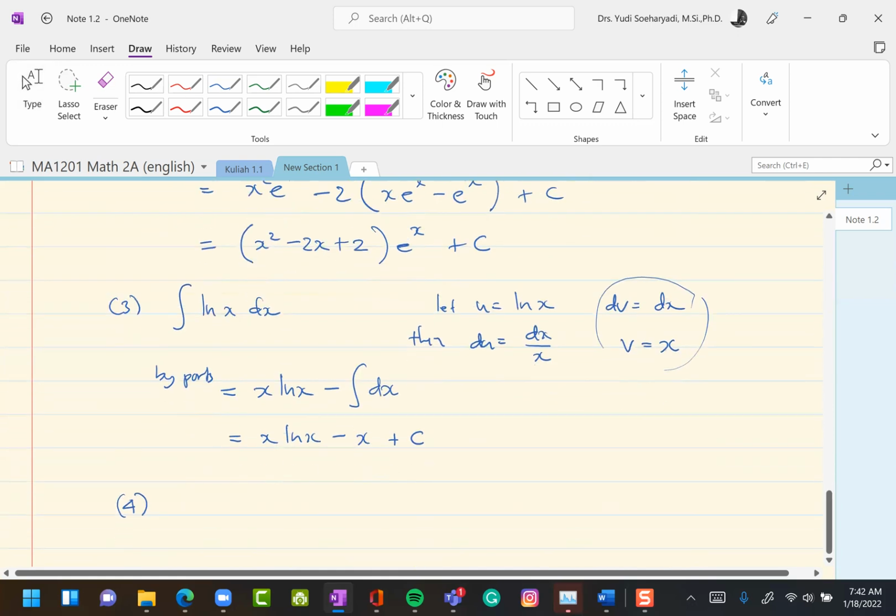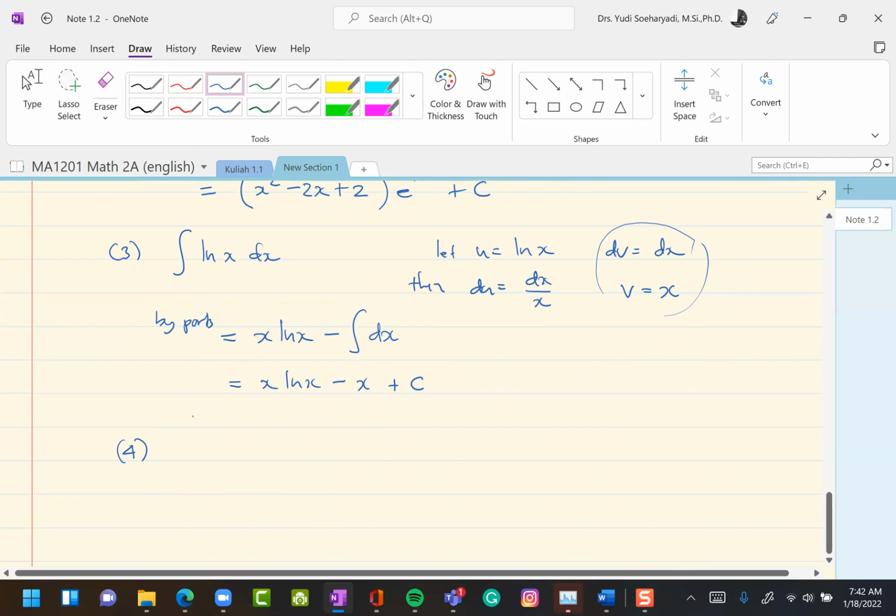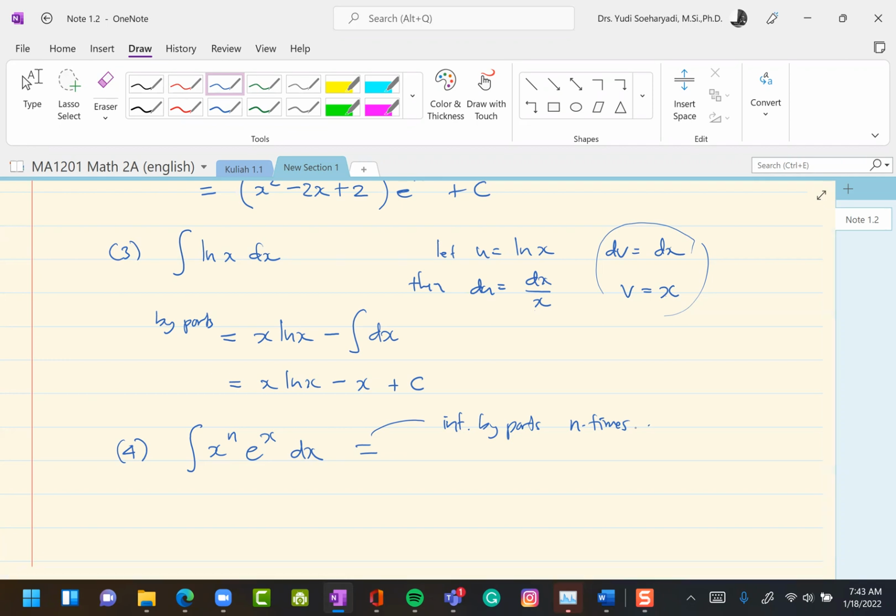So theoretically, if you have x with power, say power 10, you're basically doing integration by parts n times.